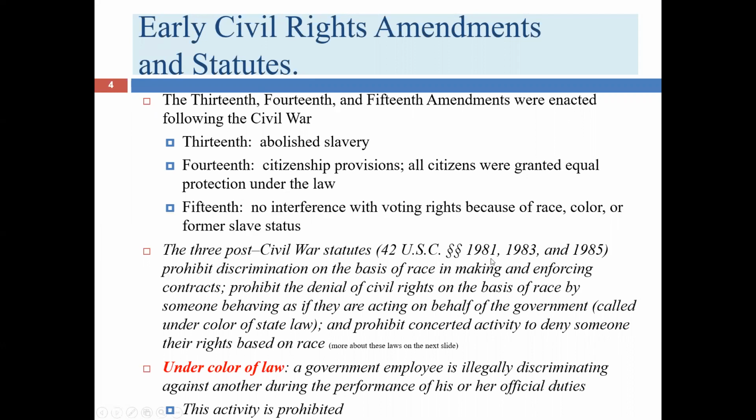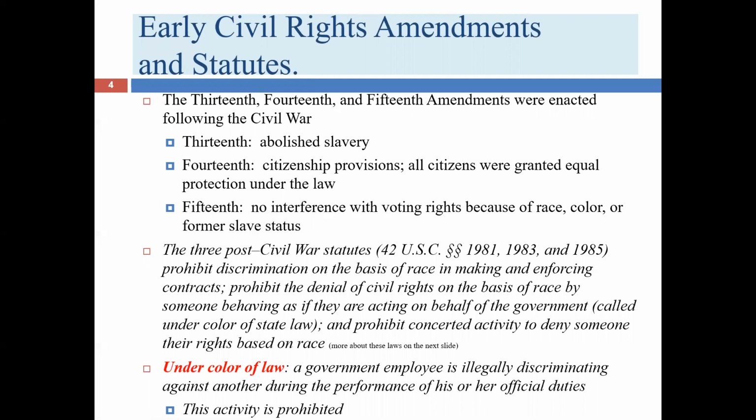Section 1981 is the main one that we're going to talk about in this class, but these are 3 important statutes. Now, they have changed over time. They aren't the same version that became law in 1866. There have been changes and additions to it, but that is the genesis, the beginning point of the statute.